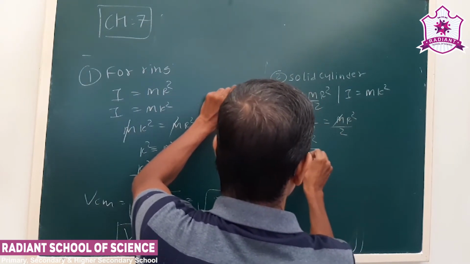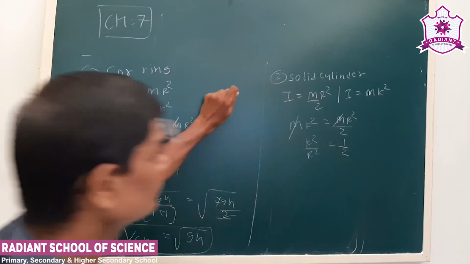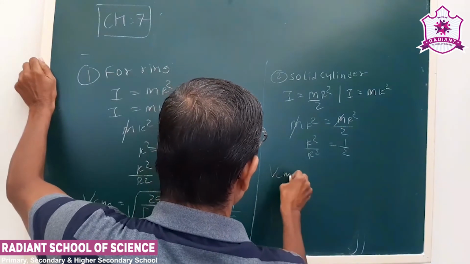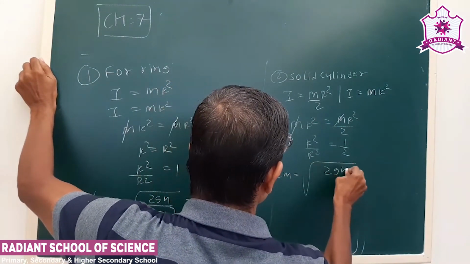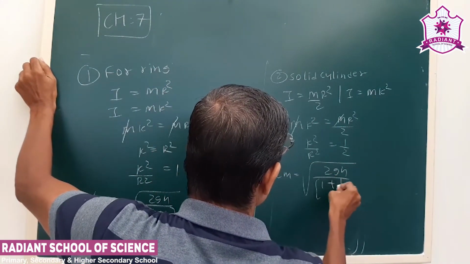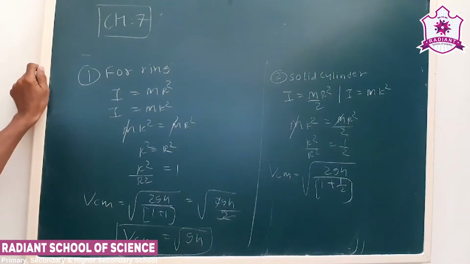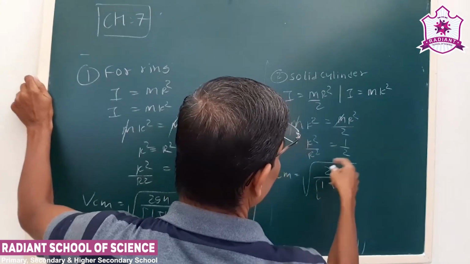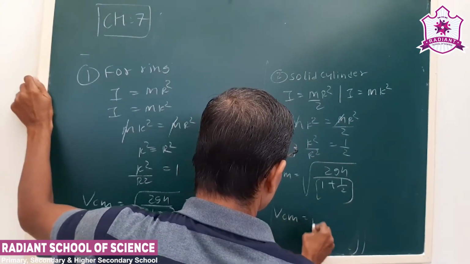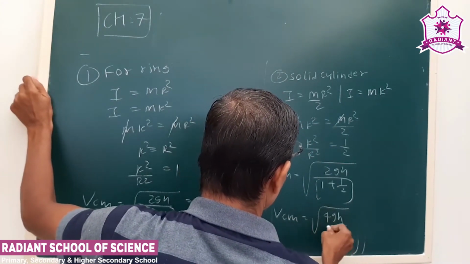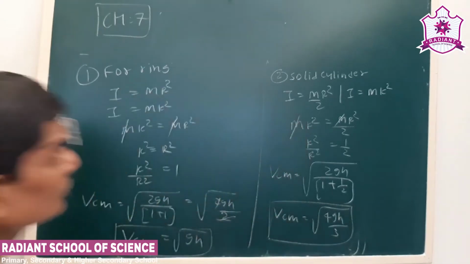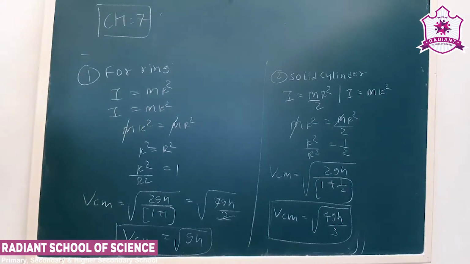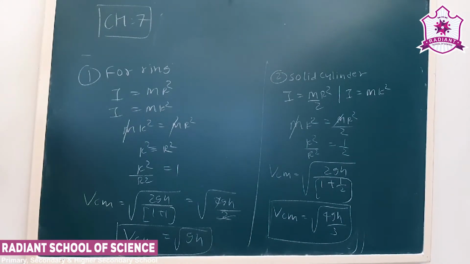So k square by R square is 1 by 2. Now if I substitute the value directly in this equation, 1 plus 1 by 2 is 3 by 2, which moves to the numerator, giving 4gh by 3. So for a solid cylinder, the value of VCM is under root 4gh by 3.